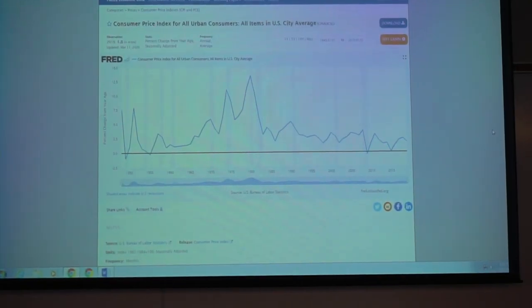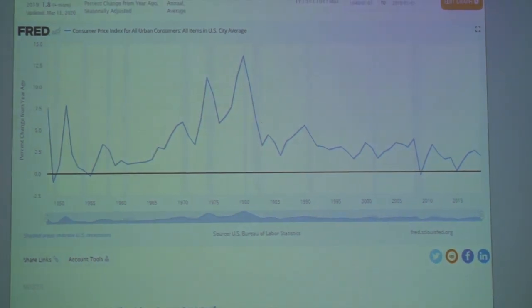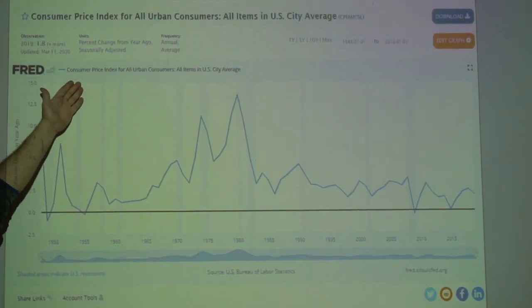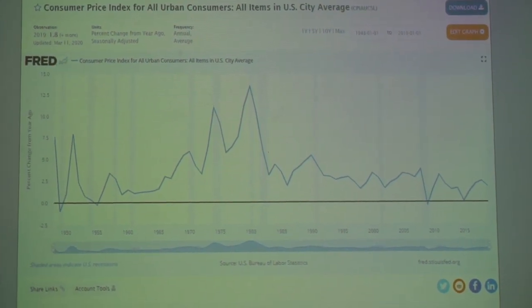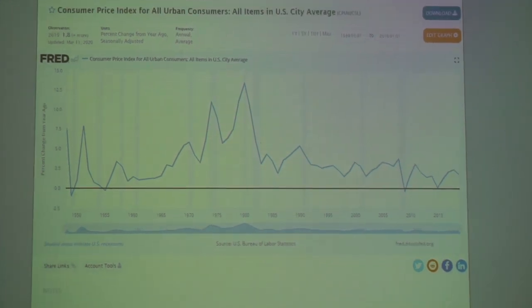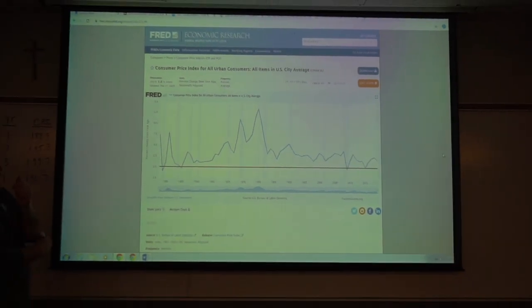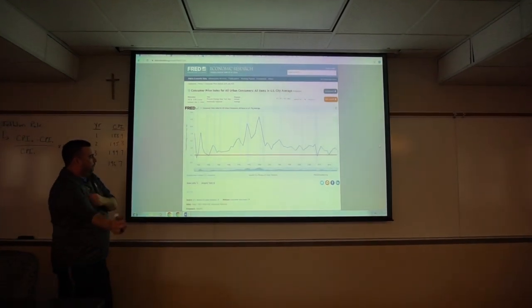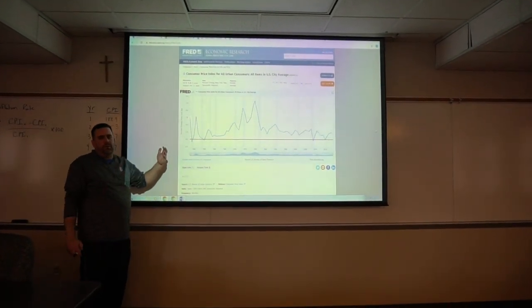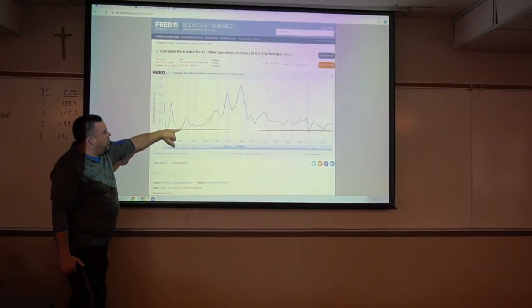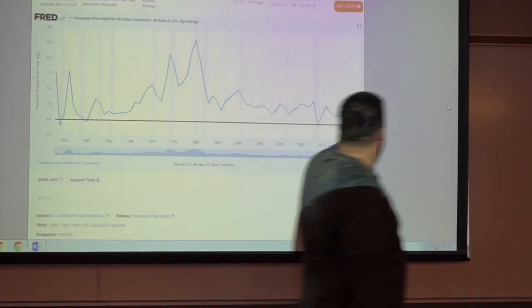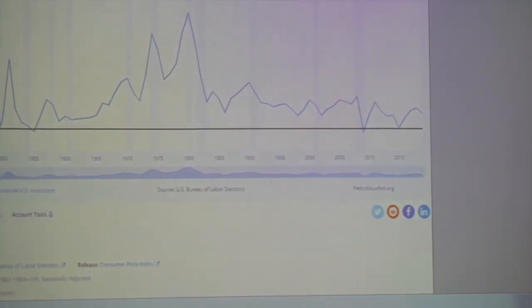And if I go to the next tab, here we have annualized inflation rates. So this is the consumer price index again, but now I'm using percent change from prior year. So we'll have our annualized inflation rates. And just like what we saw with our real GDP graph, this dark bar right there is 0%.